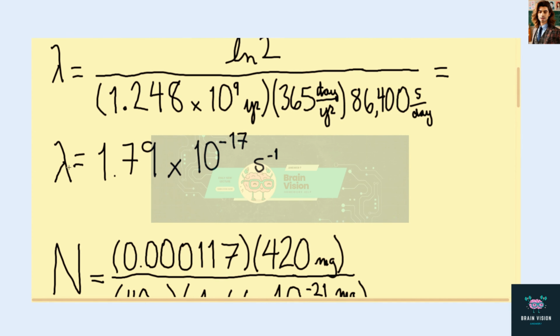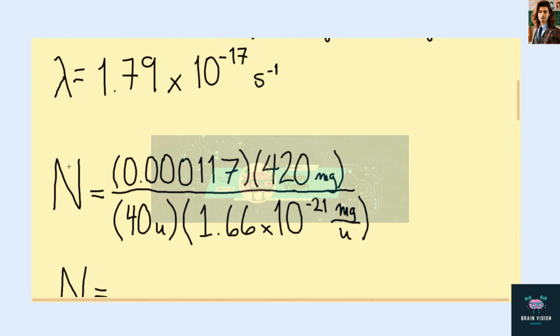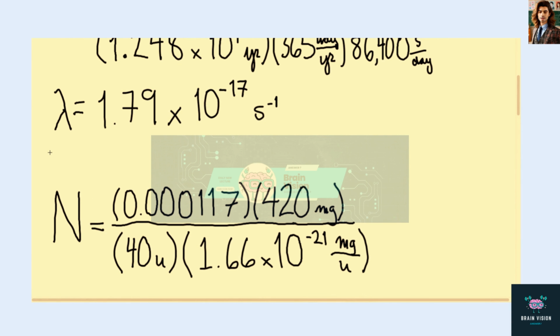Next, we need to find the number of nuclei in our 420 milligram sample of potassium with the abundance of potassium 40 isotope. Remember that we were given a percentage of 0.0117.